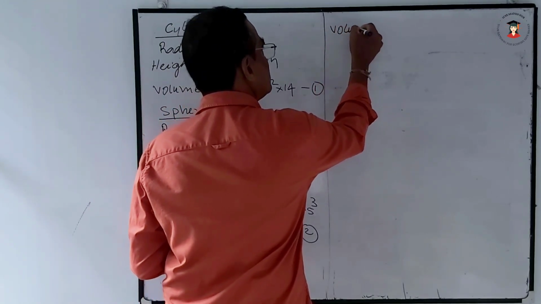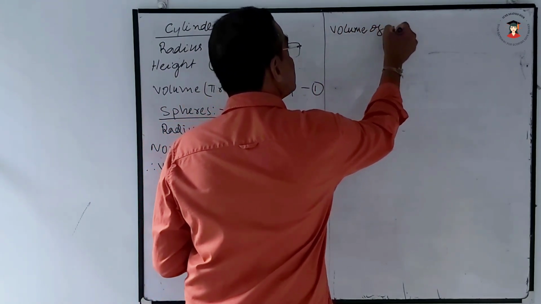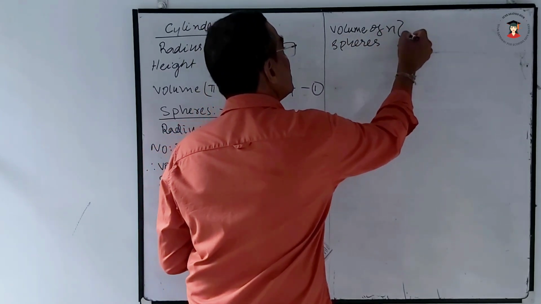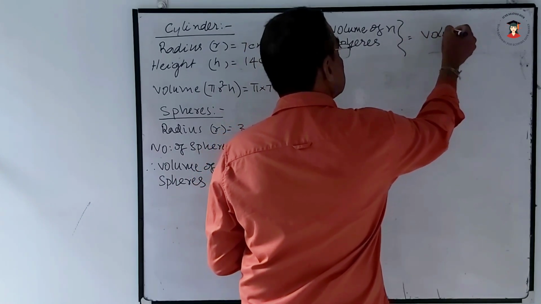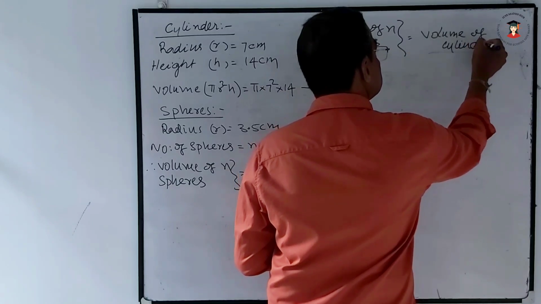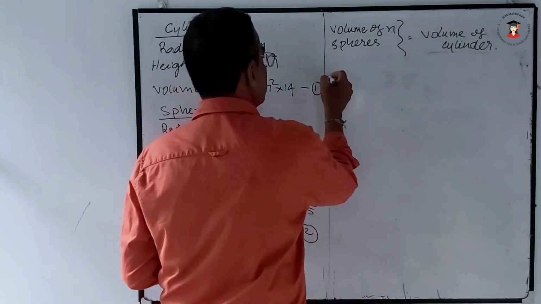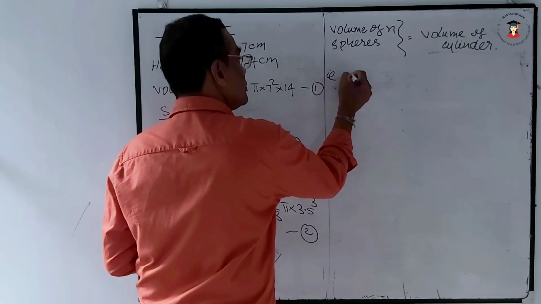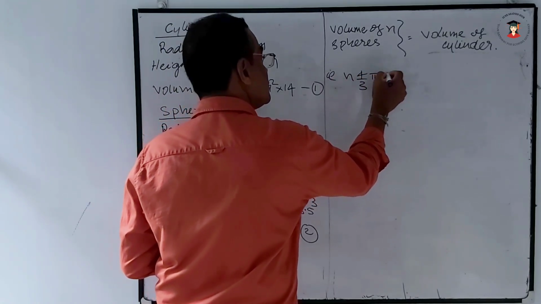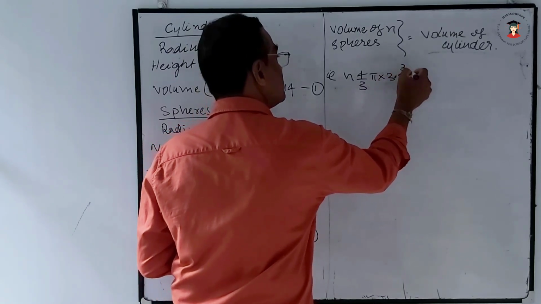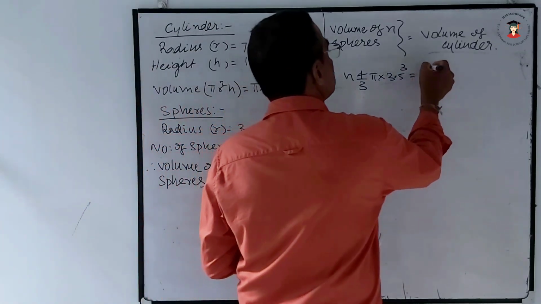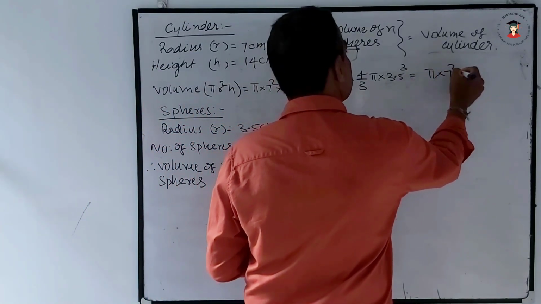Volume of n spheres equal to volume of cylinder. That is n into 4 by 3 pi into 3.5 cube is equal to the volume of the cylinder, pi into 7 square into 14.